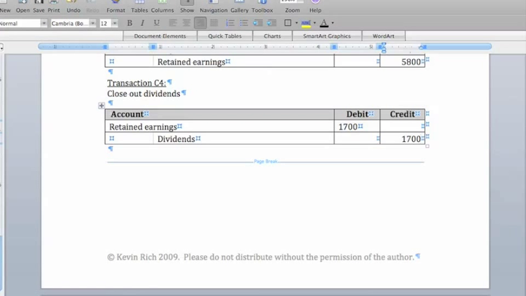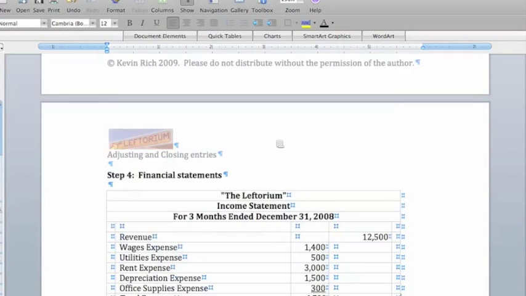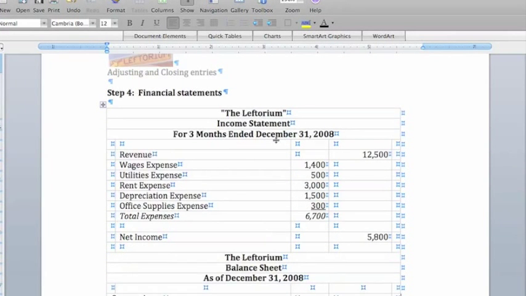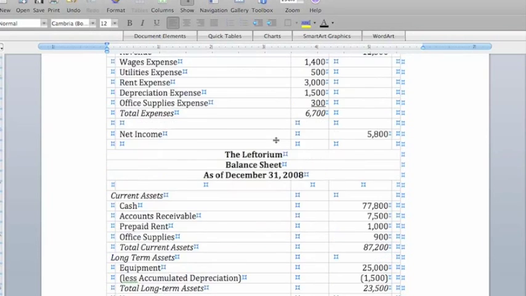Now, once we've produced our closing entries, we can actually produce an income statement and balance sheet. And so what I suggest you end up doing is to review them to make sure that you're comfortable with how I got to them. And so this is our income statement, highlighting our net income of $5,800.